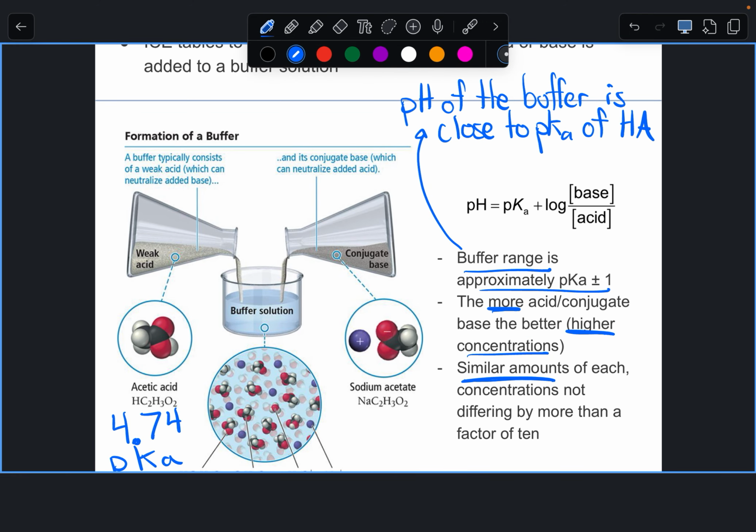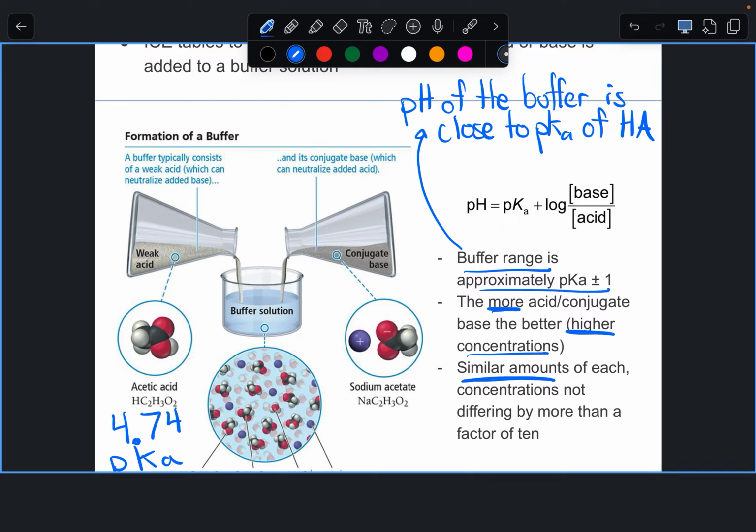And then what's really nice about these is that, and I think I did this in my other class and I'm going to skip it in here, you don't have to use ice tables here, okay? I will always give you acids that have Ks small enough that you can ignore the minus X and plus X, which means we can use a simplified version of the ice table.